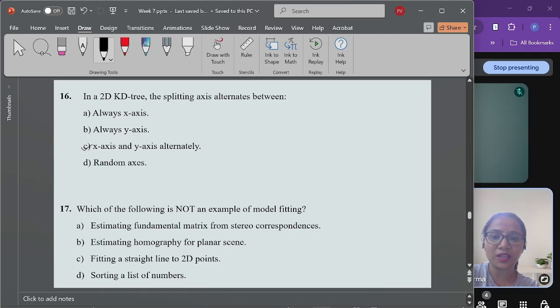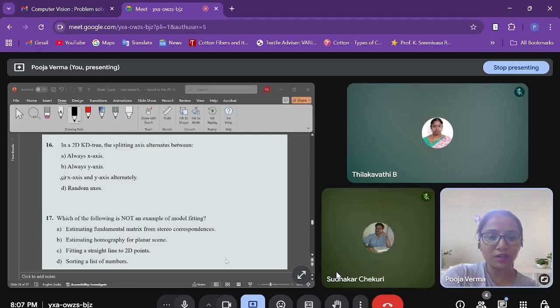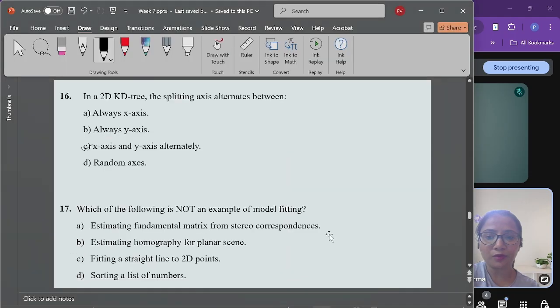We have already seen estimating the fundamental matrix from stereo correspondences, which is an example of model fitting. Estimating a homography is also model fitting, and fitting a straight line to 2D points is also model fitting. Only sorting is not an example of model fitting. So that's why option D is the correct answer. A, B, C are examples of model fitting.